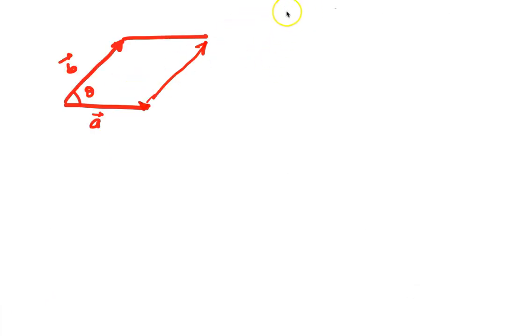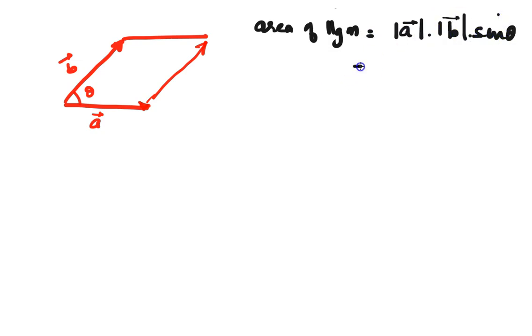So let's go back to the formula. What we were solving is the area of the parallelogram, which is mod a into mod b into sine theta, and we proved that if I have an angle a prime which is 90 degrees, then this is equal to a prime dot product b.